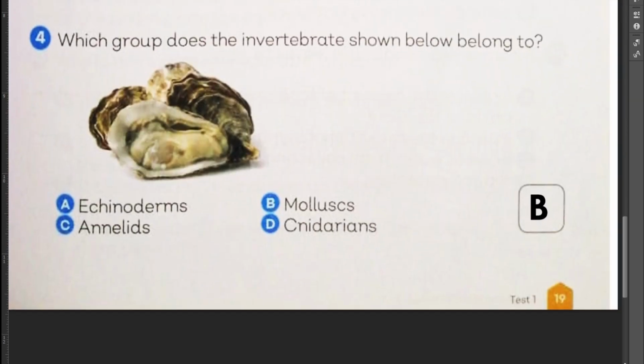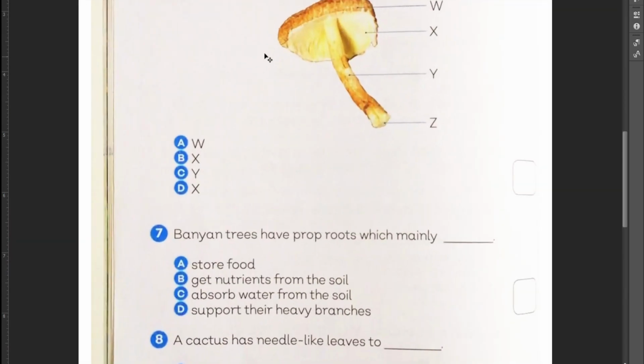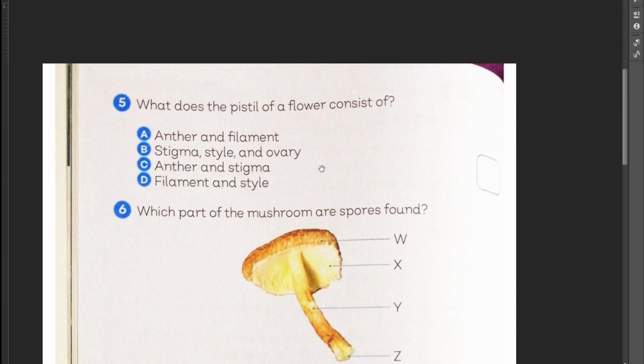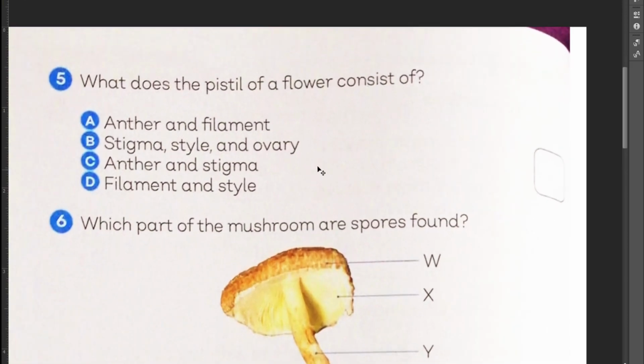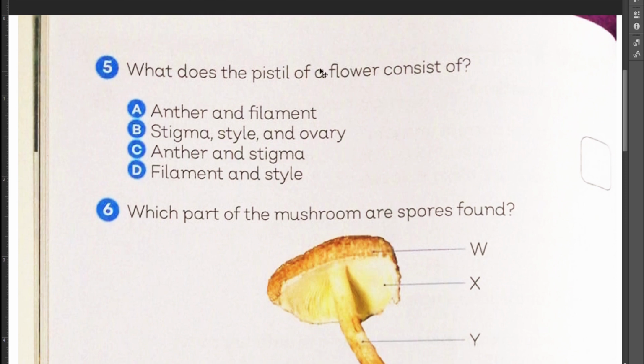Let's go to page 20. The same thing, guys. You're going to write the correct answer in the box provided. So number 5. What does the pistil of a flower consist of?